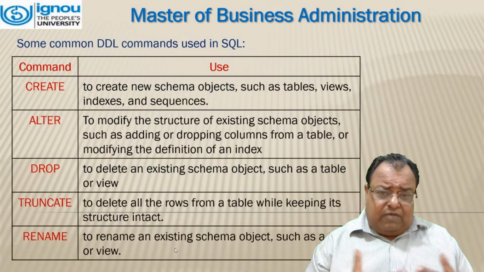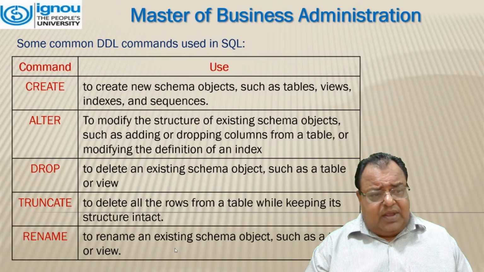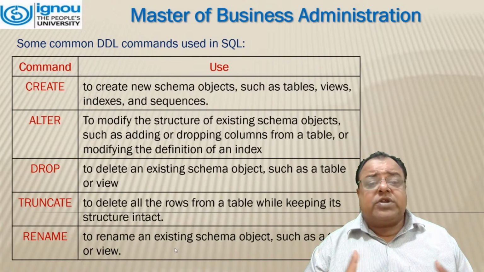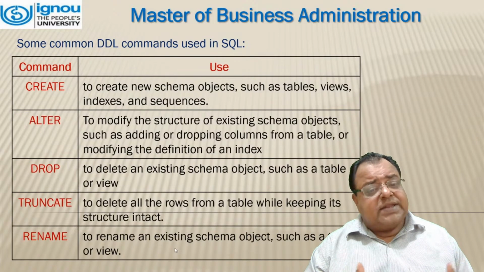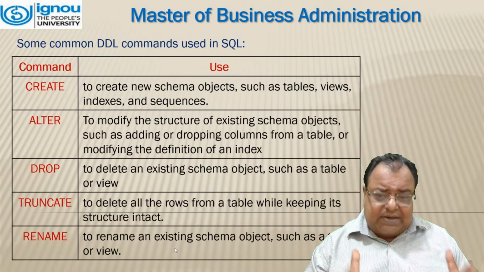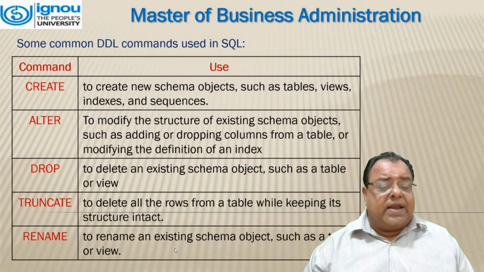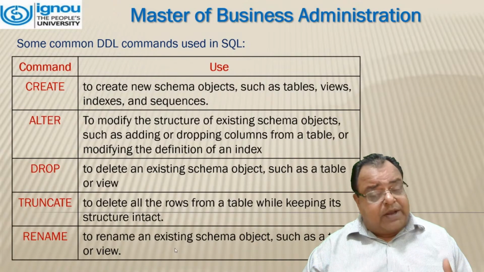Some of the commands we use in SQL: if we use the command create, it is used to create new schema objects such as tables, views, indexes, and sequences. Alter, as the name suggests, is used to modify the structure of existing schema objects, such as adding or dropping columns from a table, or modifying the definition of an index.